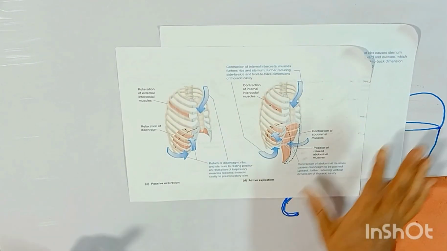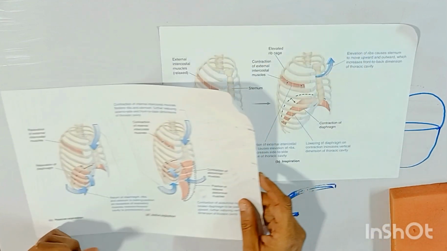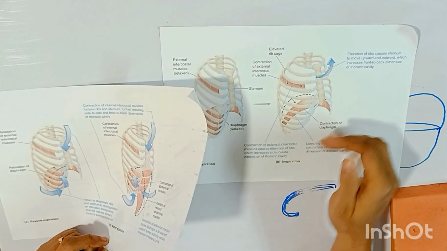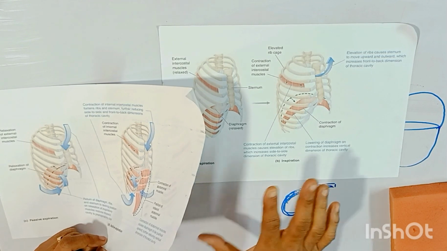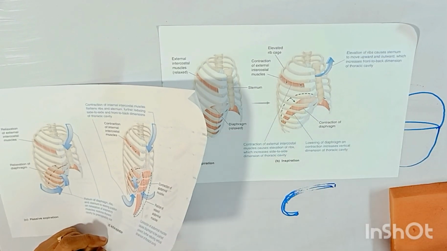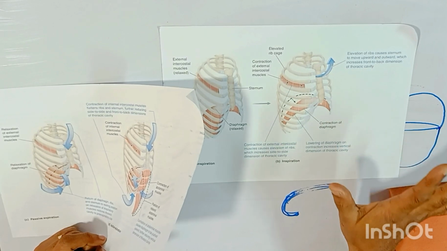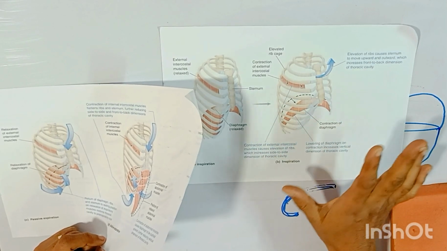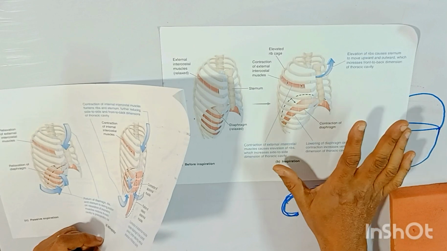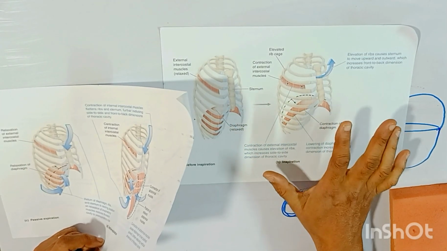During inspiration, in both cases, during forced inspiration as well as during normal, quiet breathing where there are no sounds of breathing, you always find all these muscles are acting.